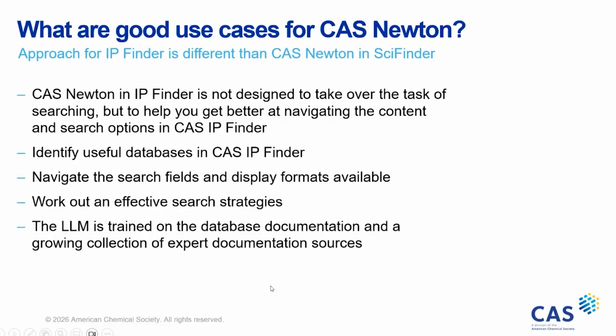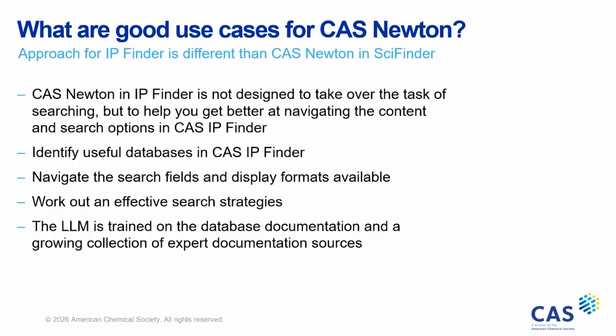So we're going to have a good look at good use cases for CAS Newton for IP Finder. As I mentioned, it is not designed to take over your task, but to help you navigate the search options and the content options in our platform.